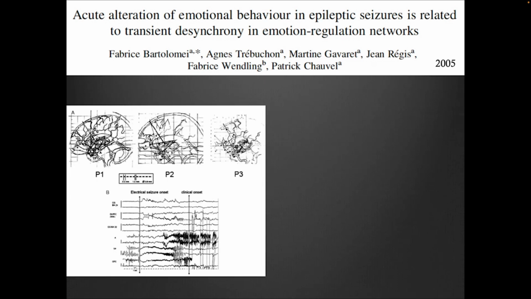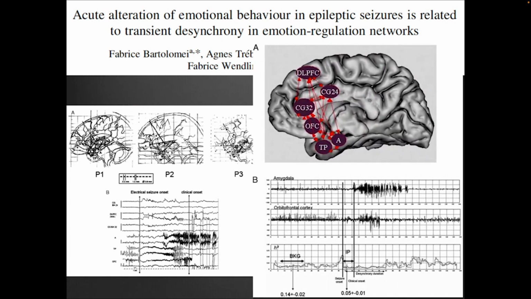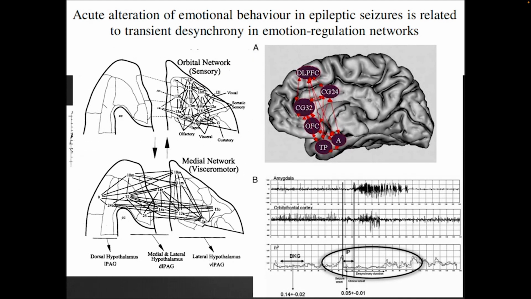We could show that in more than 15 patients, these types of seizures were all characterized by what we call a decorrelation, that means a desynchronization between the orbitofrontal cortex and also the medial cingulate and the amygdala. That means we interpreted this behavior as a disconnection between the control that the orbitofrontal cortex exerts permanently onto the amygdala system, as these connections had been interrupted.